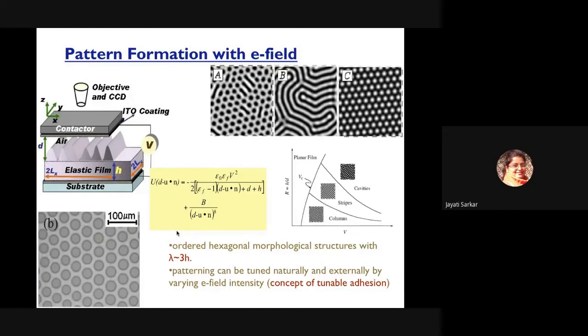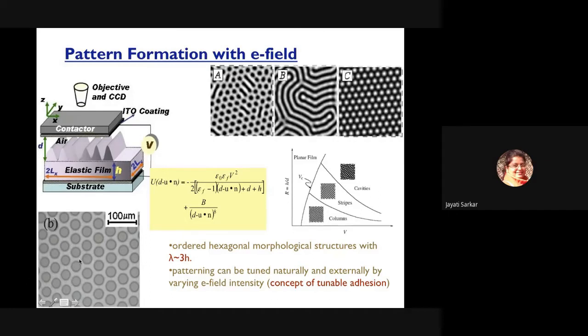As we have told previously also, you can take a different potential. You do not have to depend only on van der Waals interactions. Here you can create an external potential by creating an electric field through a voltmeter, and we have seen that in these cases also we could get patterns at the length scale of the thickness of the film.